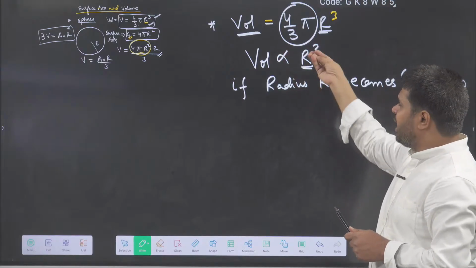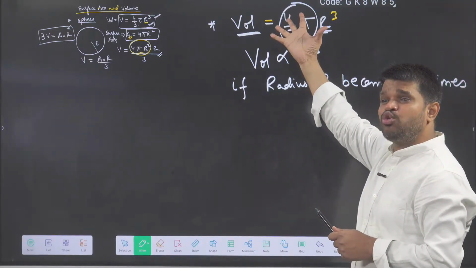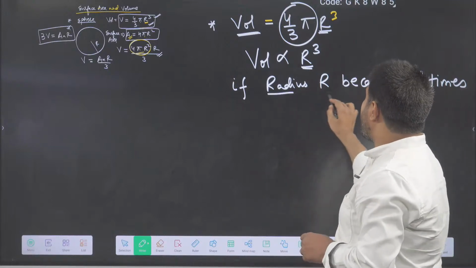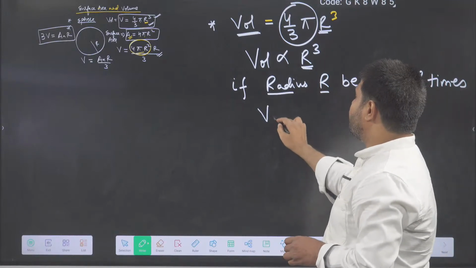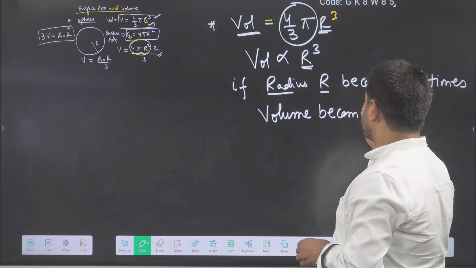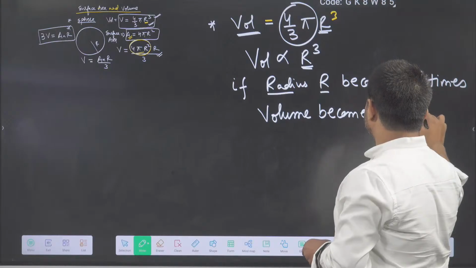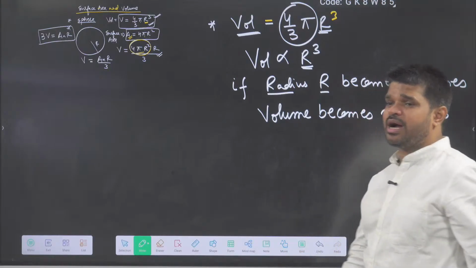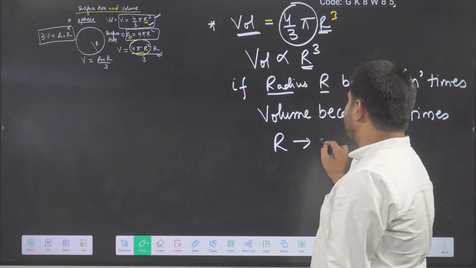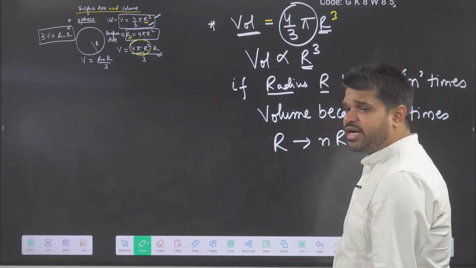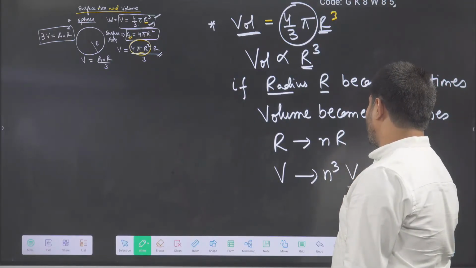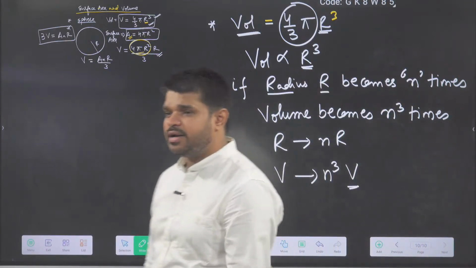When I cube n also, an extra n cubed will come in the expression of volume. So if radius r becomes n times, volume becomes n cubed times. It means if radius becomes n times of radius, volume will become n cubed times of the old volume. Write it.